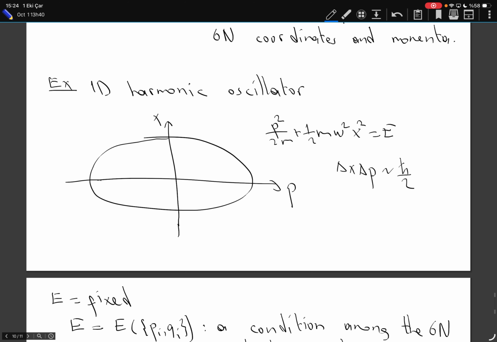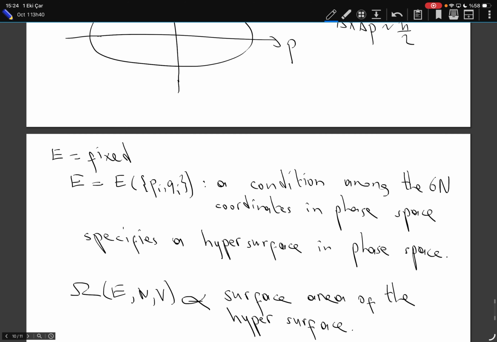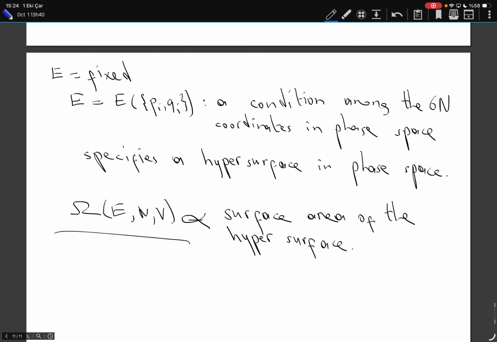This is the smallest that you can localize your microstate. Not a point, but some finite volume in phase space. So that determines what this proportionality constant will be between the number of microstates and the surface area.